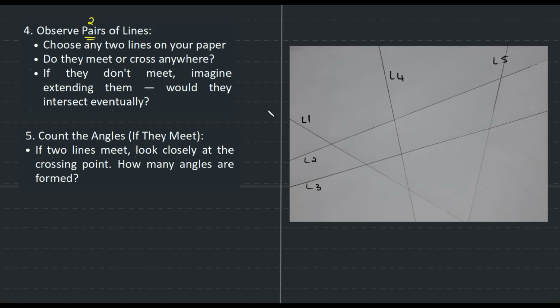If they don't meet, like in the case of L2 and L3, imagine extending them. Would they intersect eventually? Intersect means meet eventually. Will lines L2 and L3 meet eventually? If I extend them, imagine that there is a sheet of paper and we extend the lines, do they meet? Answer is yes.